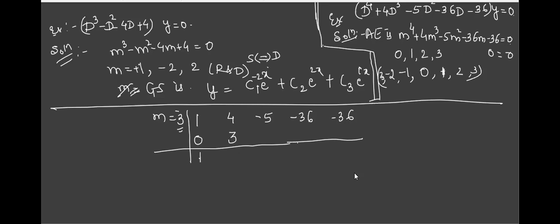That should be written below the second number. In between this actually there is a plus only. So 4 plus 3 is how much? 7. Now can you tell me what should be done? This 7 should be multiplied with 3 and written below. 7 3s are 21. 21 should be written below minus 5. So minus 5 plus 21 is how much?